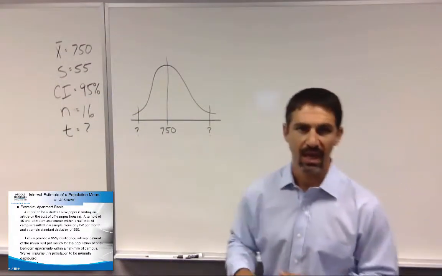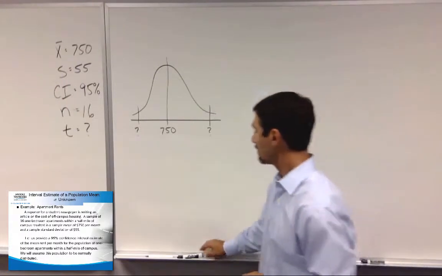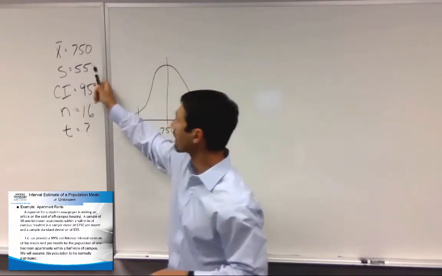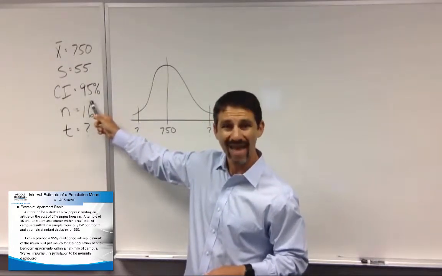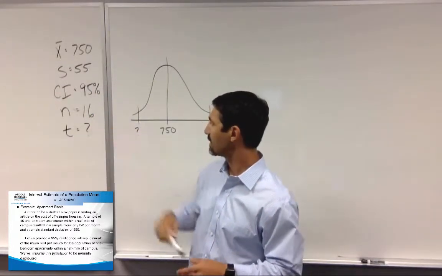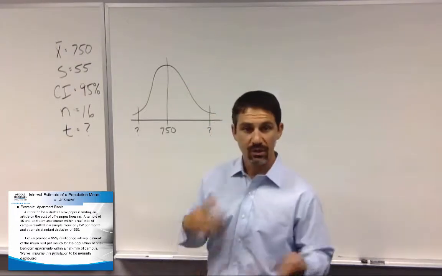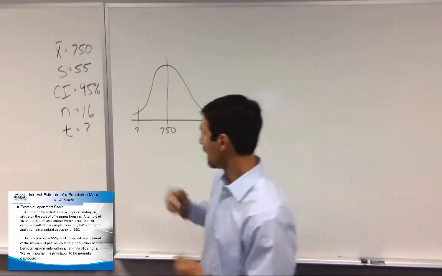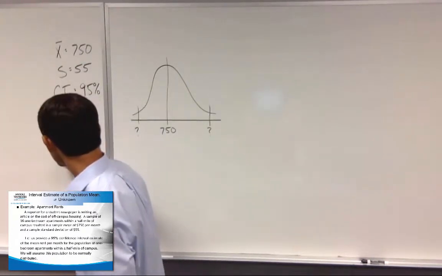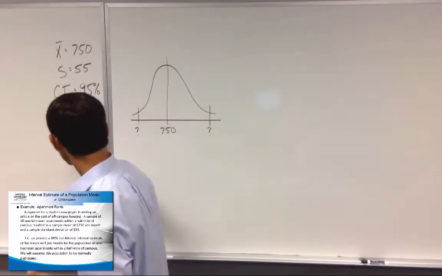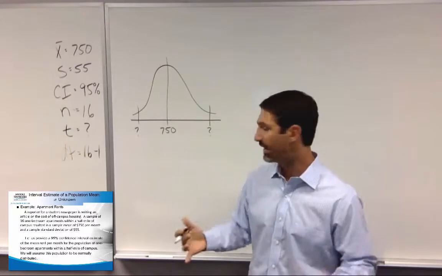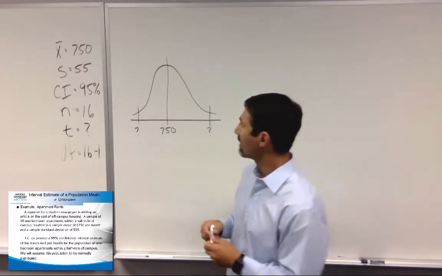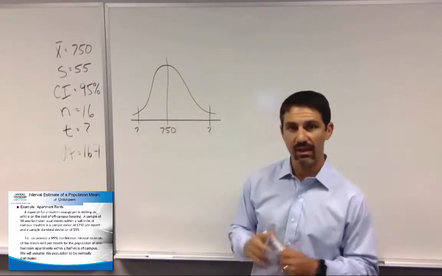We've got the 750, we've got the 55, the 95% is what we want to calculate, and we have our sample size of 16. So the degrees of freedom in this case become 16 minus 1, or 15. We have a confidence interval of 95%.